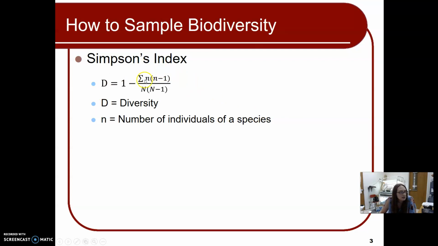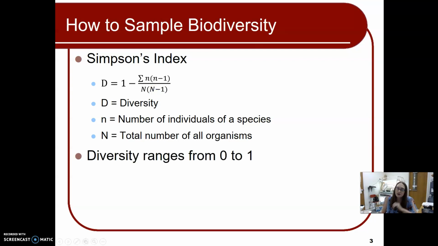So I'll show you on the next page. And then how many there are minus 1. And then we're going to add all those up. Down at the bottom, capital N is the total number of all of the organisms. Total number of individuals of all the species together. And N minus 1 would just be total number of all individuals minus 1.